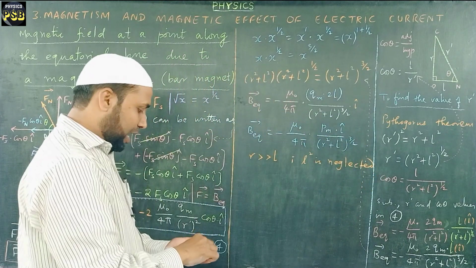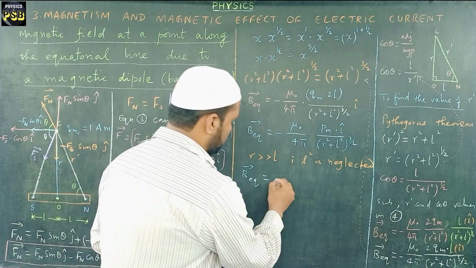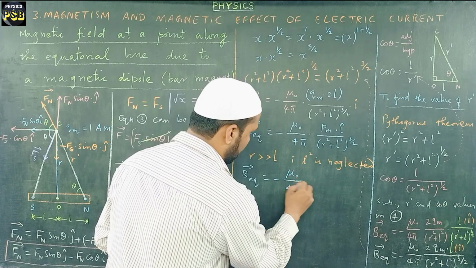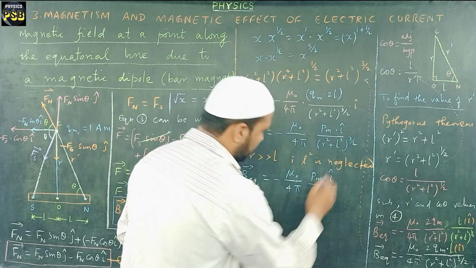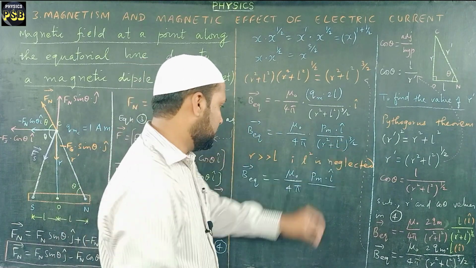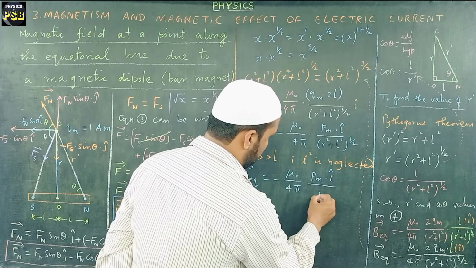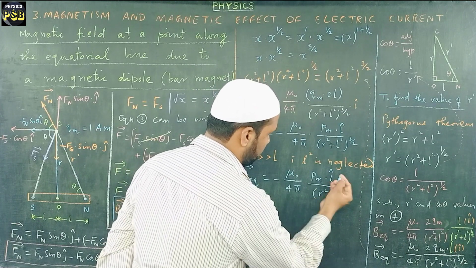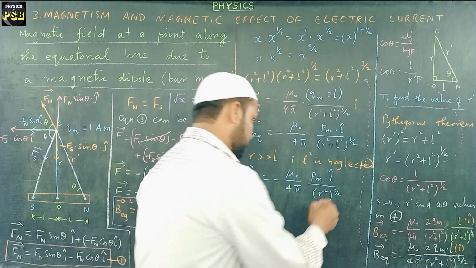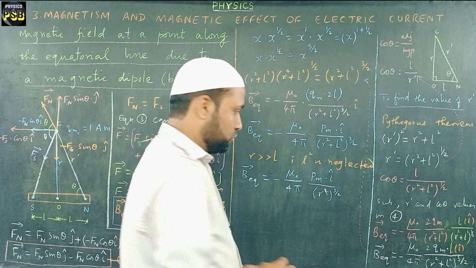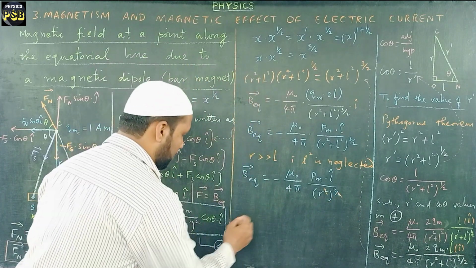So this expression can be written as B EQ vector equals minus mu naught upon 4 pi PM I cap divided by, in the place of this, I write R square power 3 by 2. Here the square and the half get cancelled, and what you obtain is this.